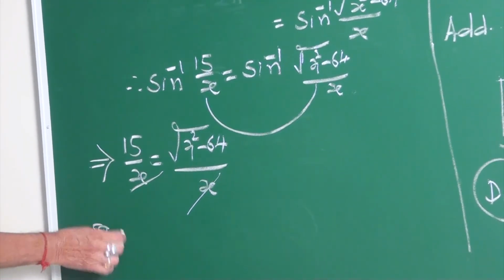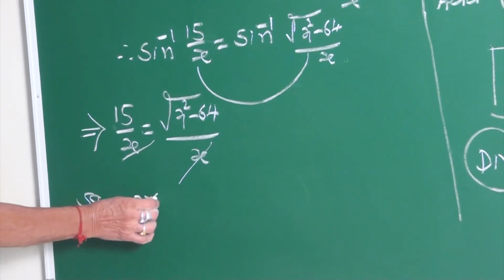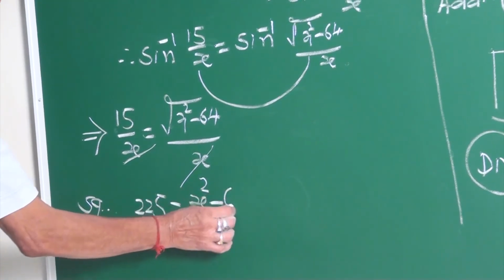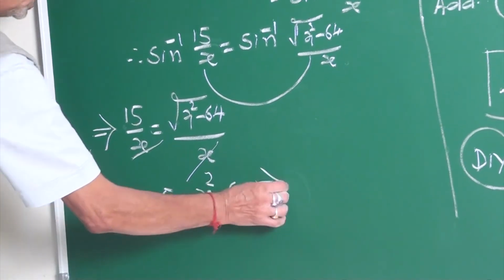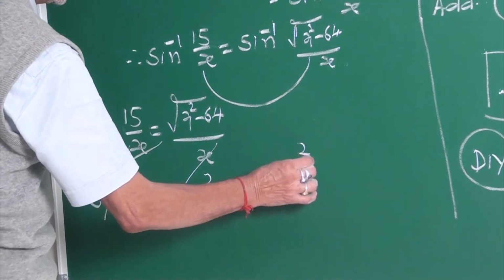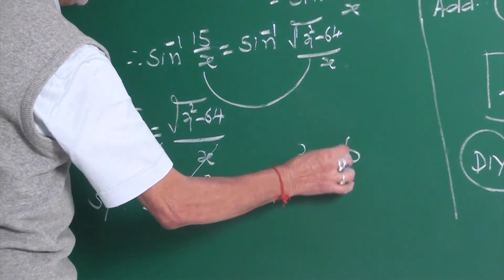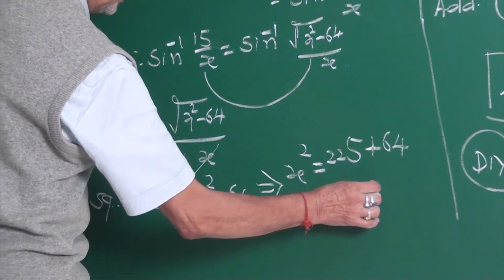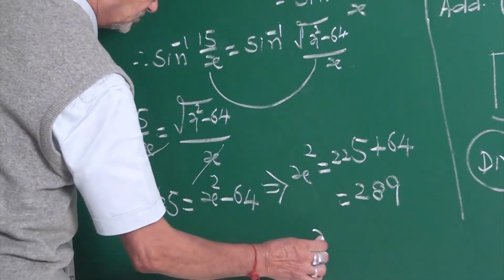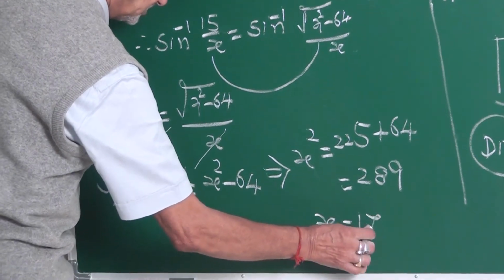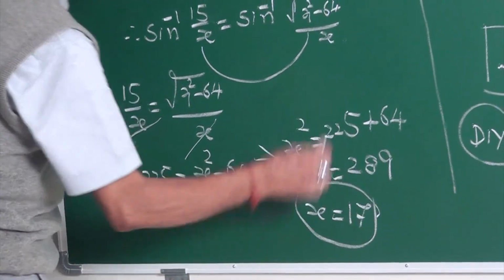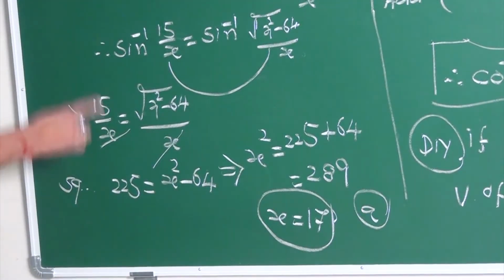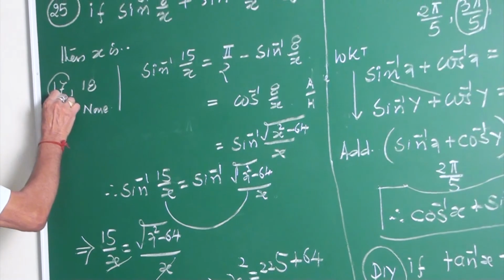Squaring, 225 equals x square minus 64. So x square equals 225 plus 64, which is 289. Then the value of x is 17. Therefore, which option is the answer? Option A is the answer.